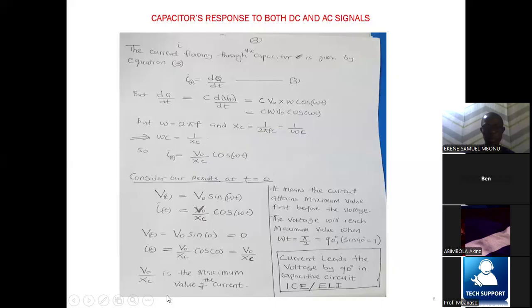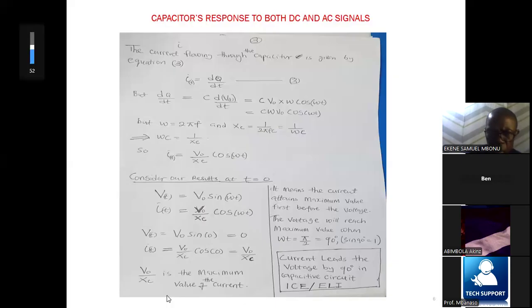I will be calling names, so we did fundamental physics now. Abimbola, what is sine 0? I'm not very sure now, sir.